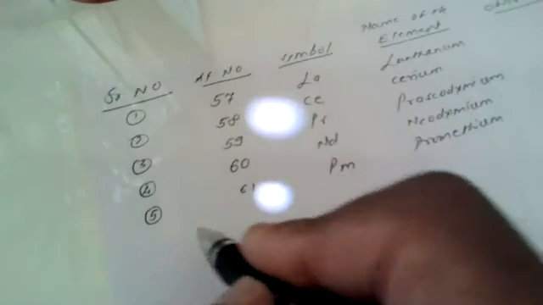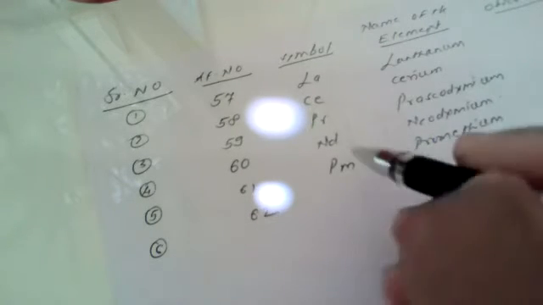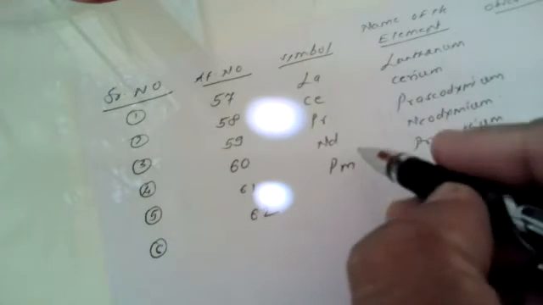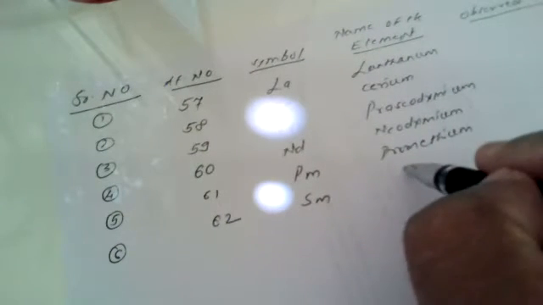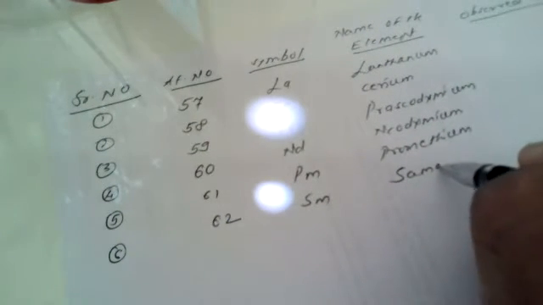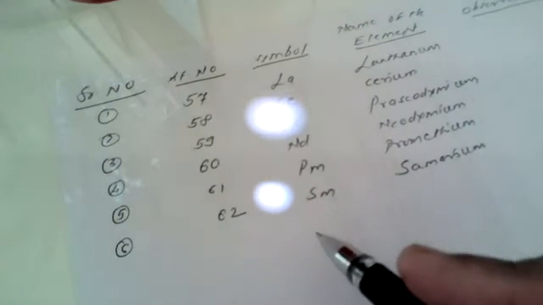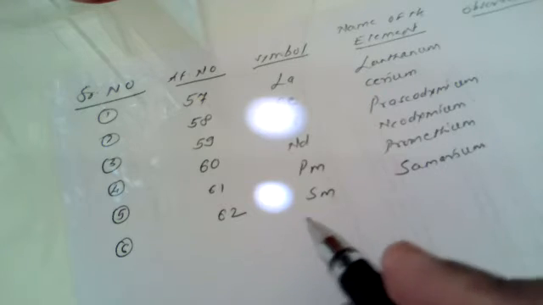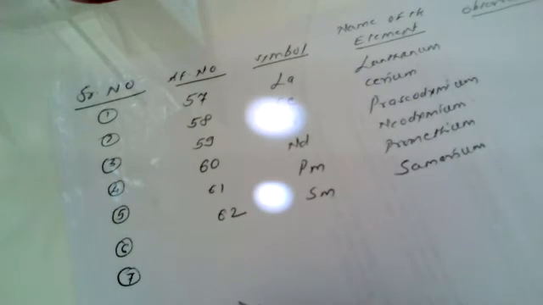Then the sixth member, atomic number 62. Symbol is Sm. Name of the element is samarium. You have to be careful because you have to deliver the seminar on all these aspects.